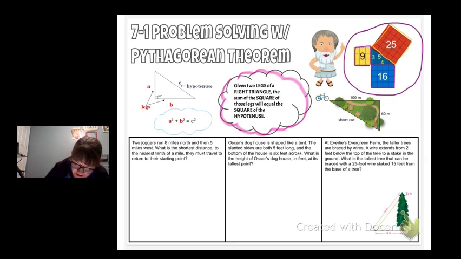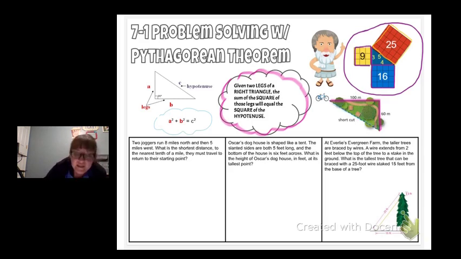So right here is just an example of a real world situation where you might see this happen. So let's say I'm going to ride my bike here and then here. So 100 meters and then 60 meters. Maybe that's where the path or the road is. But if there were a path or a road this way, this would be a shortcut right here. That's the hypotenuse.